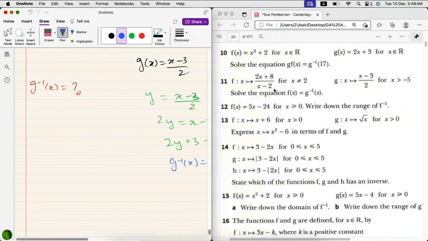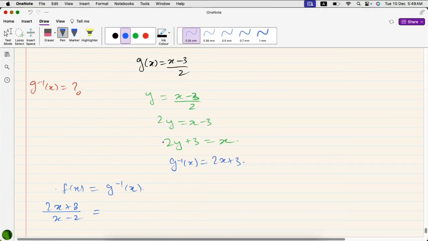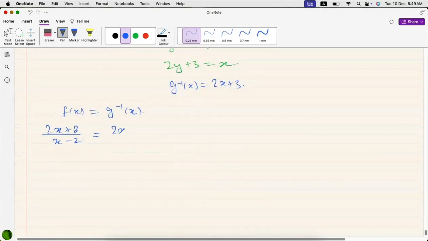So the condition was we equate f of x and g inverse x. f of x is equal to g inverse x, where f of x is 2x plus 8 over x minus 2, and the inverse is 2x plus 3.